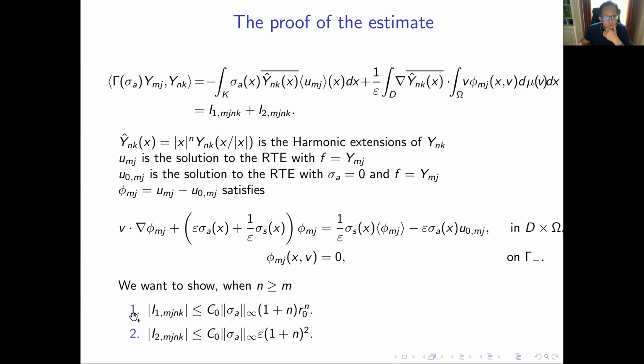So due to the dual relation, we can switch this. Then we only have to do one case, when n is bigger or equal than m. We want to show the first term decays with L. Well, yeah, this is n here. And the second term here decays like this with n. Oh, well, this is not n. N has no control, epsilon, but here has n.